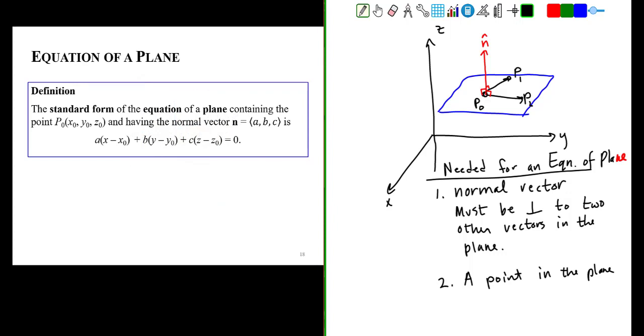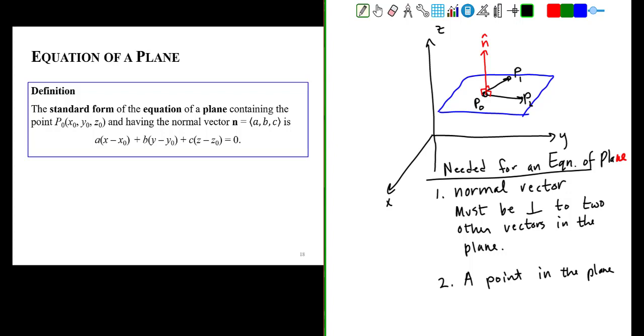Here is the standard form of an equation of a plane containing a point P naught and having the normal vector n. So notice this equation of a plane is not a vector equation.